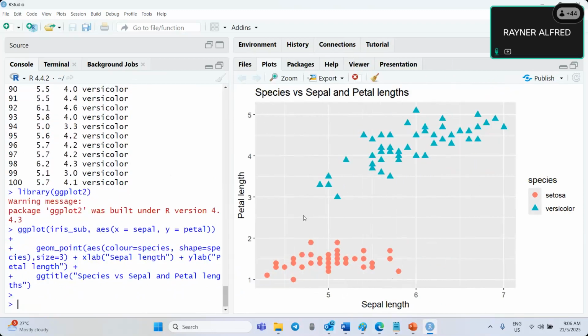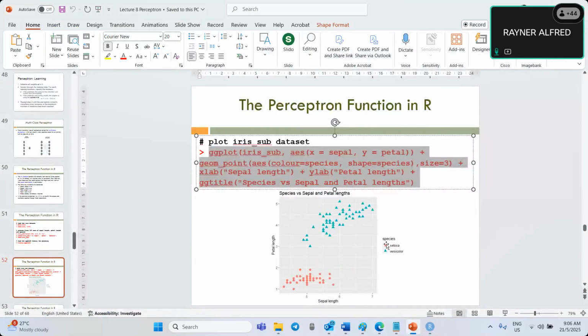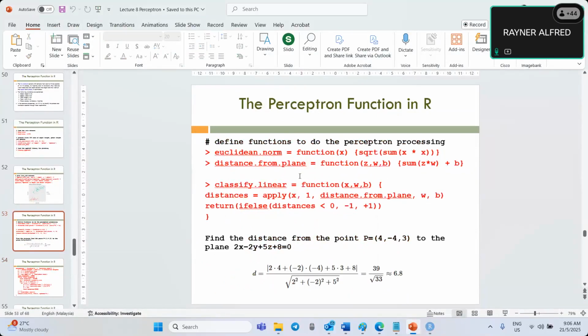Our objective is to draw a line here that will separate these 2, the Setosa and Versicolor. What we want to do is draw a line that will separate these 2 samples.